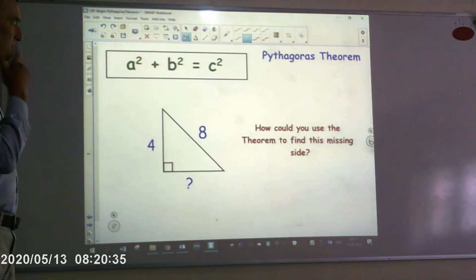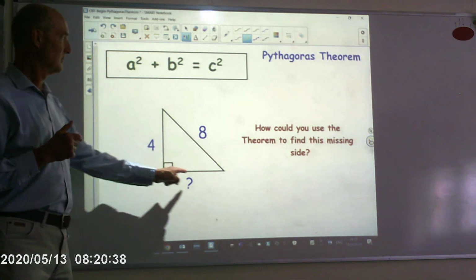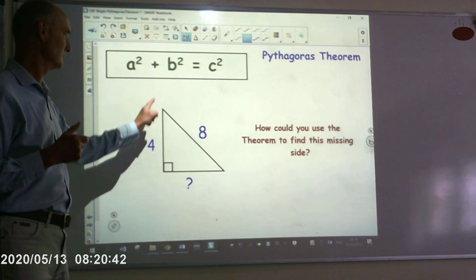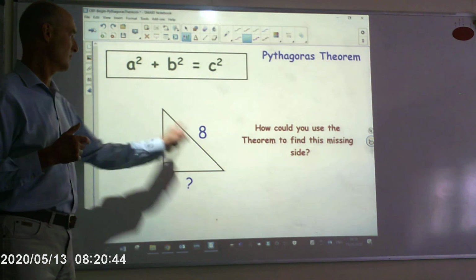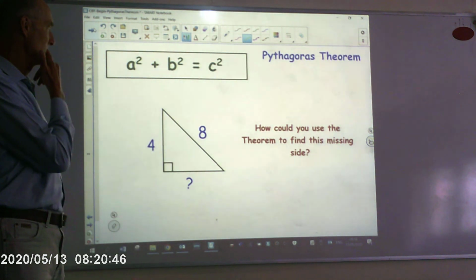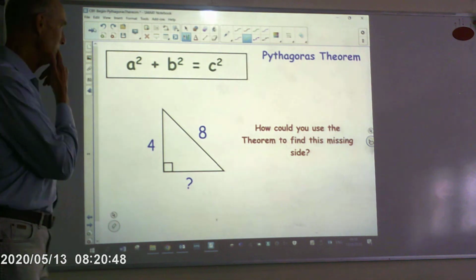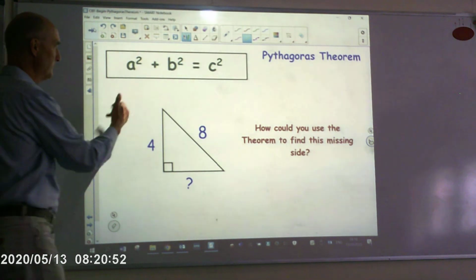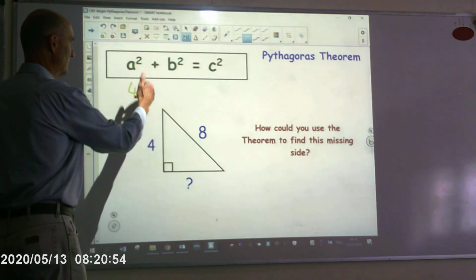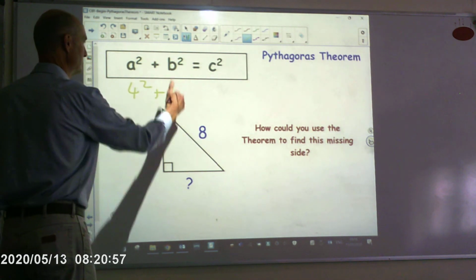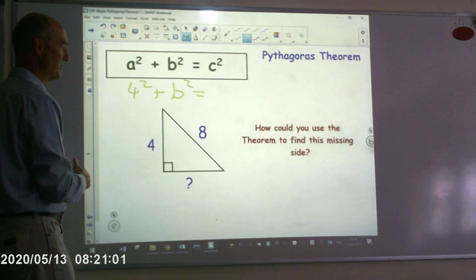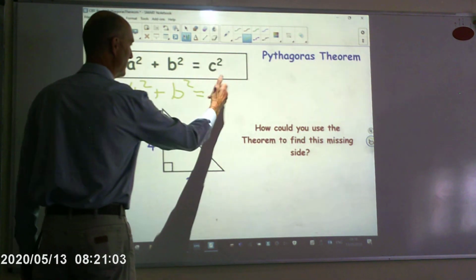Right, what happens here then? Because here we've got a short side that we don't know. We've got a short side that we know, and we've got a long side that we know. So if we look at our formula, what have we got? We've got a short side, 4 squared. Don't know my other short side, but we do know my long side, 8 squared.